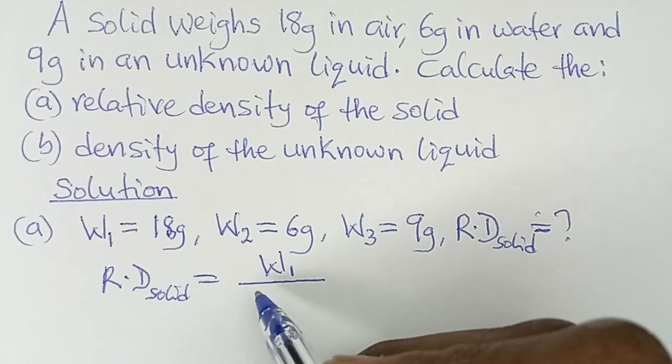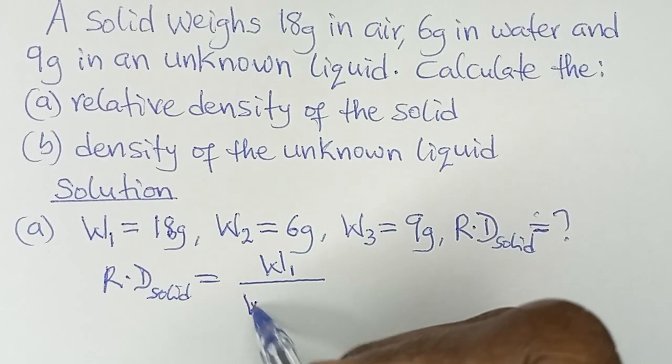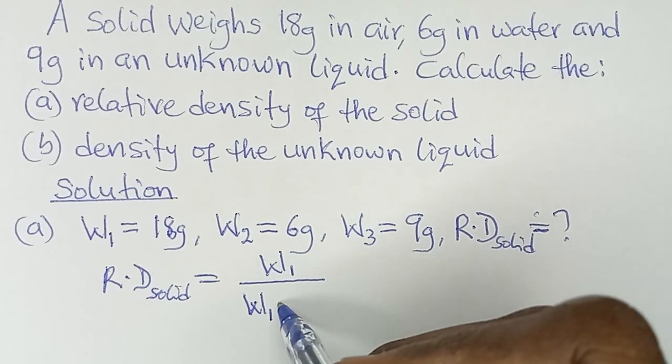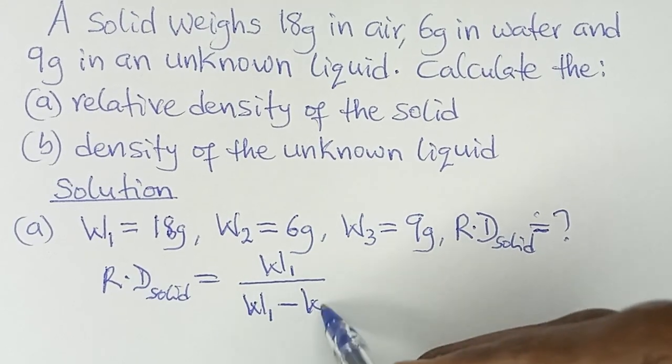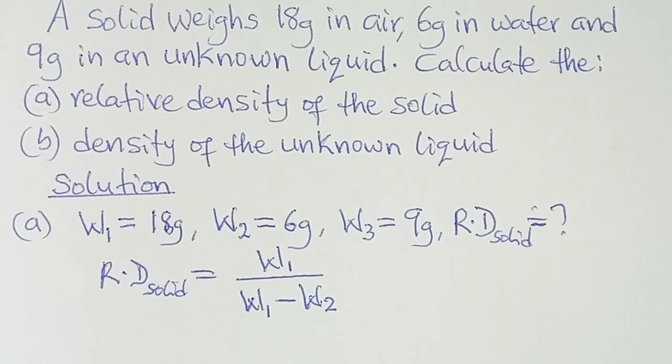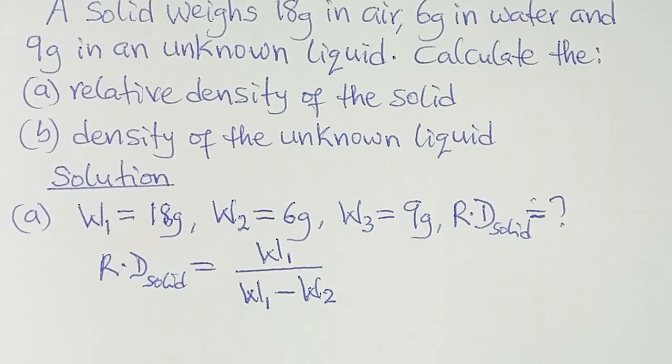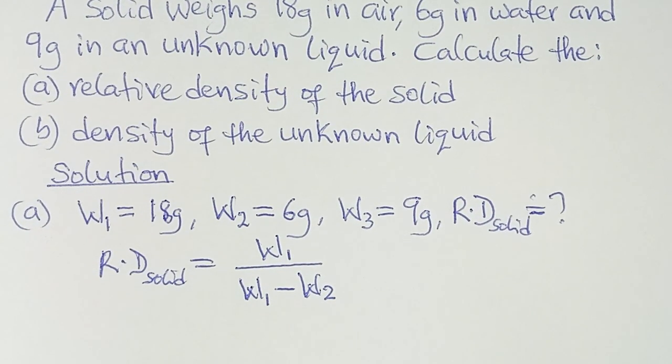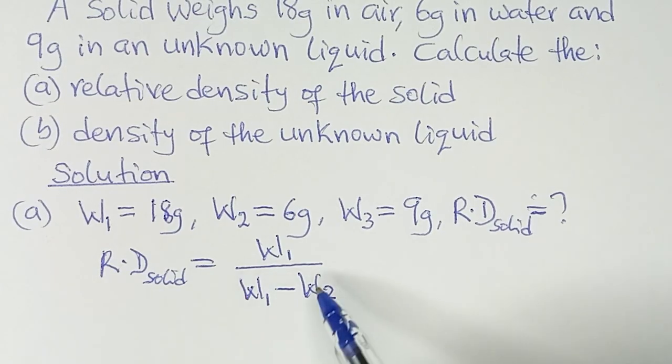So the loss of weight in water is W1, which is weight in air, minus W2, which is weight in water. So this is the formula for calculating relative density of a solid when immersed in water.